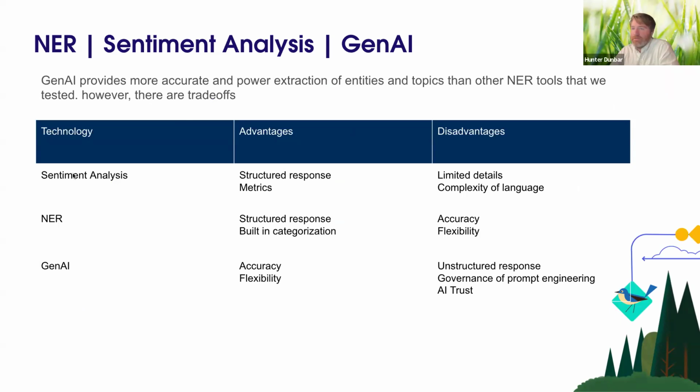Named entity recognition and sentiment analysis are APIs that provide a structured response every time, but they obviously have some limitations. Generative AI is going to give us a very accurate response, but we don't have complete control of the structure of the response that we're going to get back.